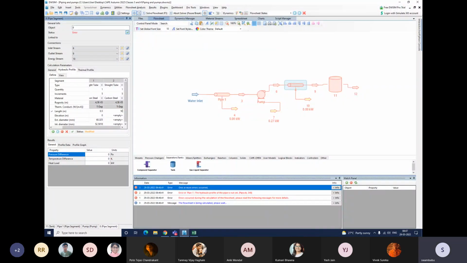Meters, meters, 2-inch, 40. Then we have the third one, 0.5 meters, 0.